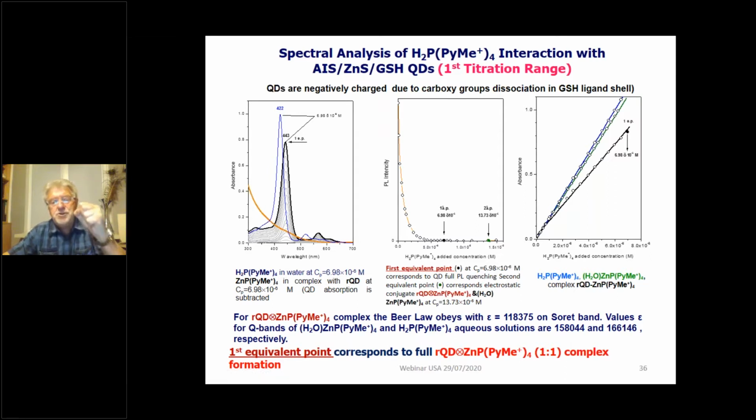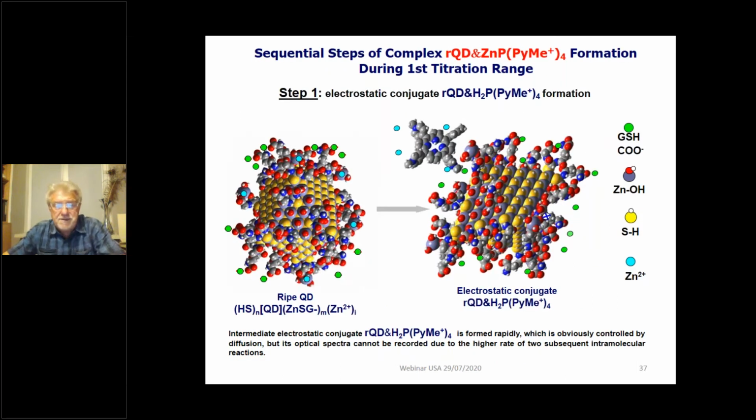We have the formation of the complex of quantum dot with porphyrin molecules with a specific change of the porphyrin properties. So at the first stage, upon electrostatic interaction of porphyrin molecules, we have the electrostatically coupled complex of quantum dot with free base.